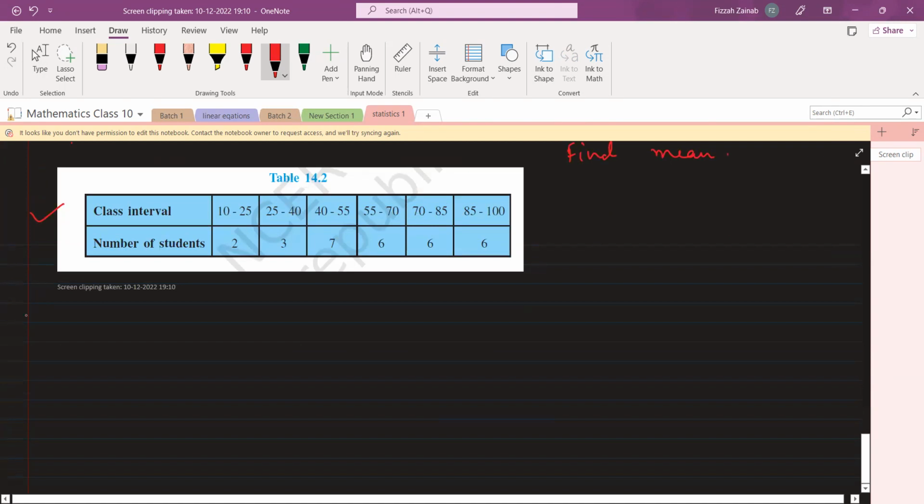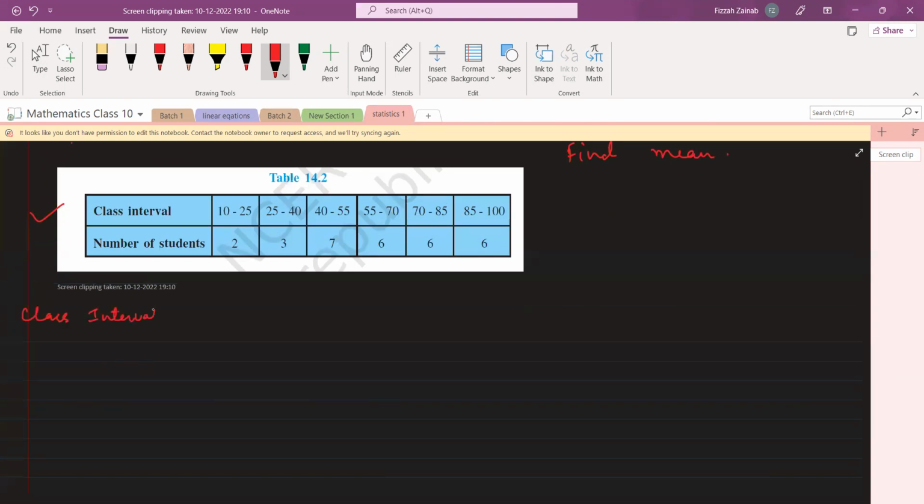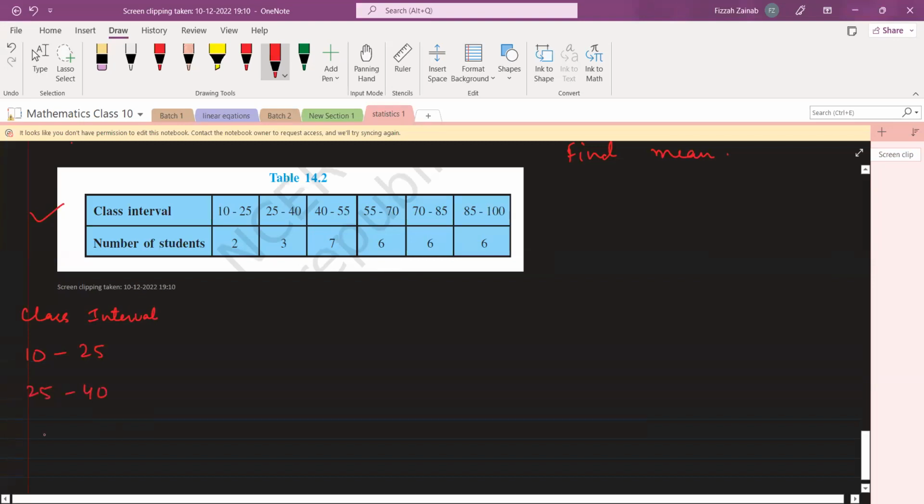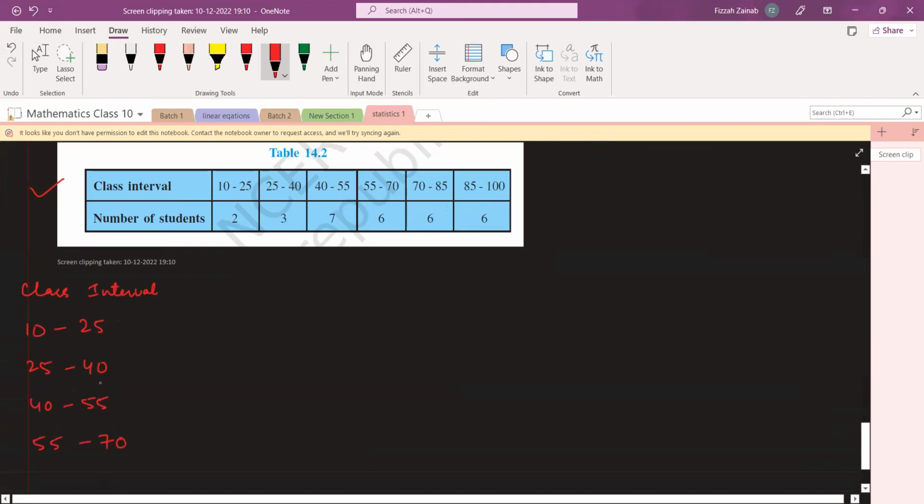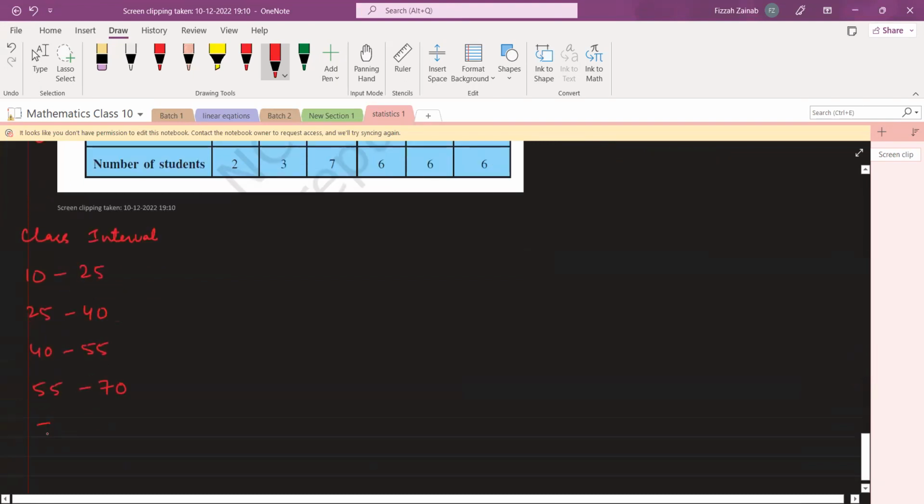First you write class interval. Your first class interval is 10 to 25, then 25 to 40, 40 to 55, 55 to 70, 70 to 85, and 85 to 100.